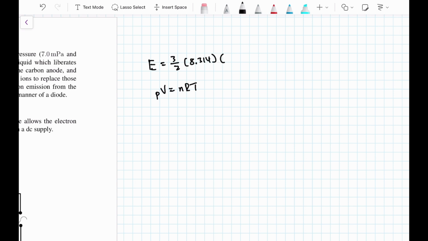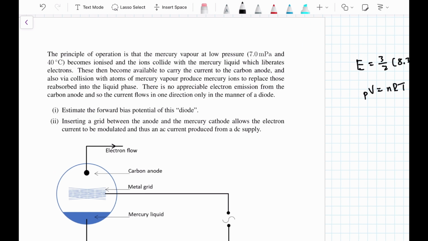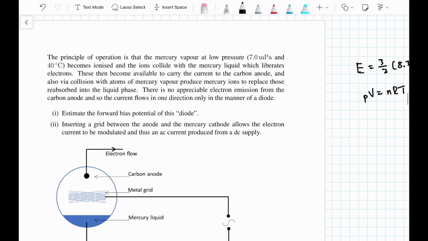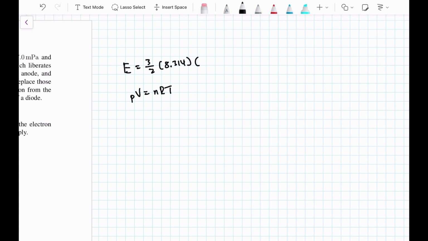So it's 8.314 times the temperature in kelvins. The temperature is 40 degrees Celsius, so that's 40 plus 273, which is 313 kelvins.